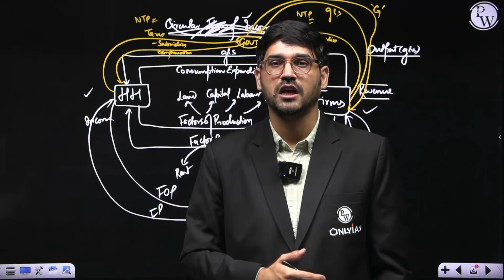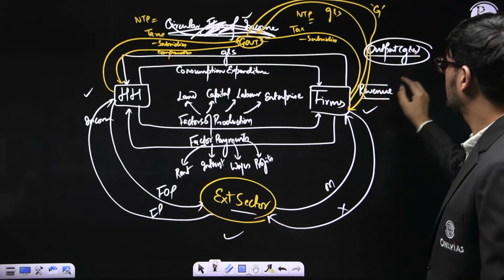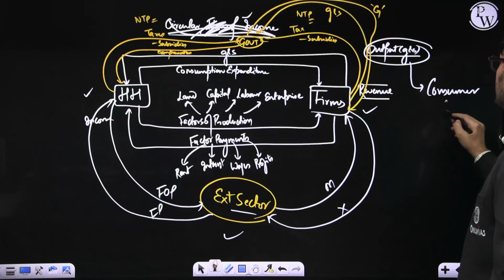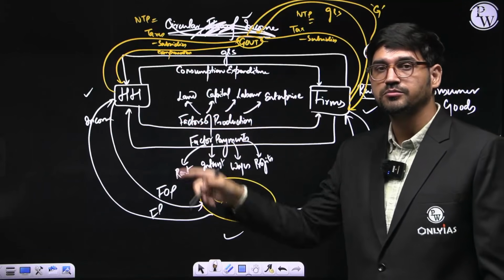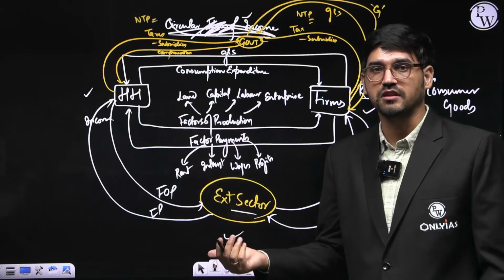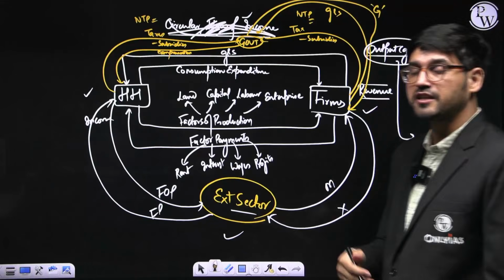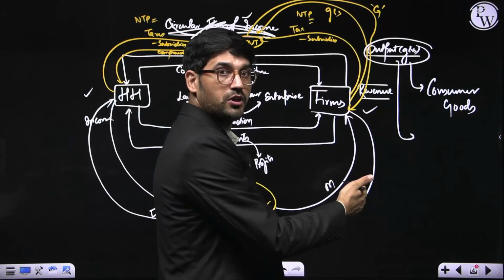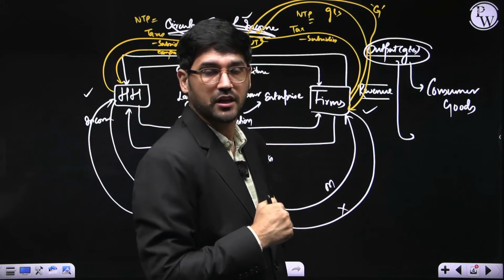Which means that of the output produced by the firms, some of this output is meant to be used by consumers. We will call them consumer goods and services. Some of the output produced by firms, such as machines, tools, implements, buildings, is used by other firms to add to their productive capacity.